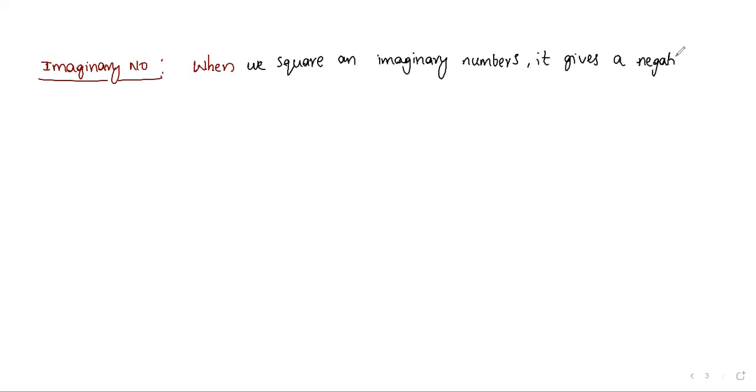An imaginary number means the numbers which are not real. When we square an imaginary number, it gives a negative result.